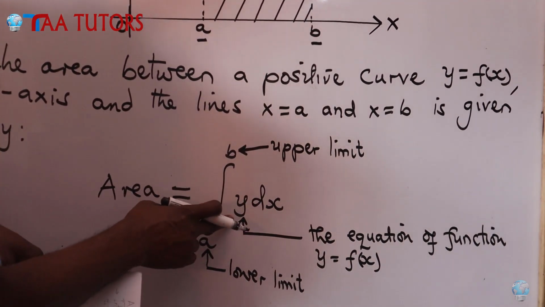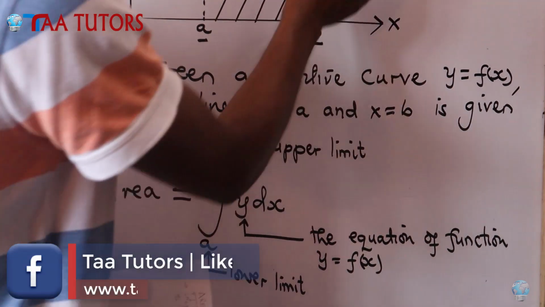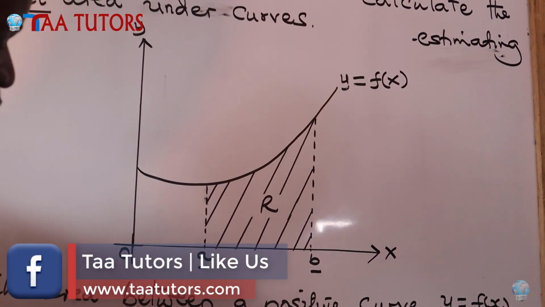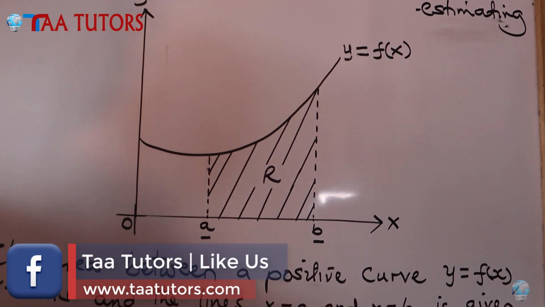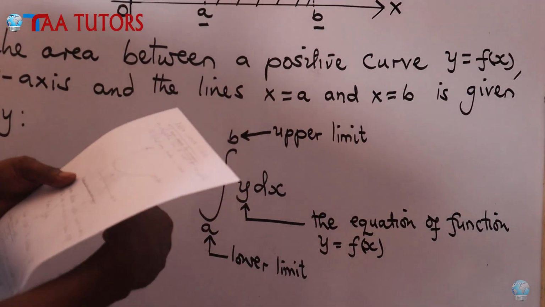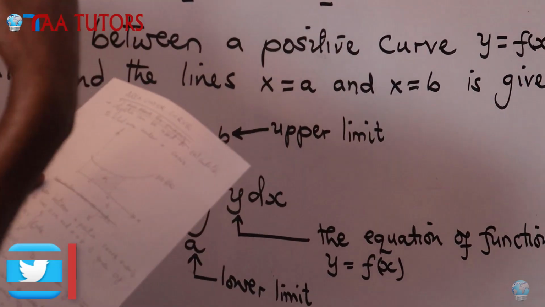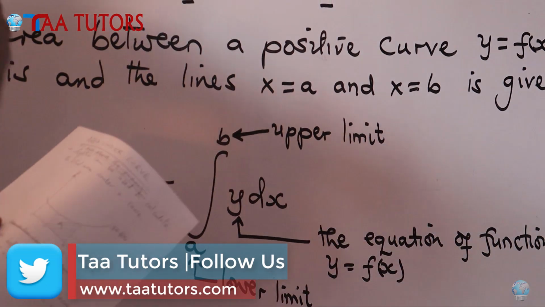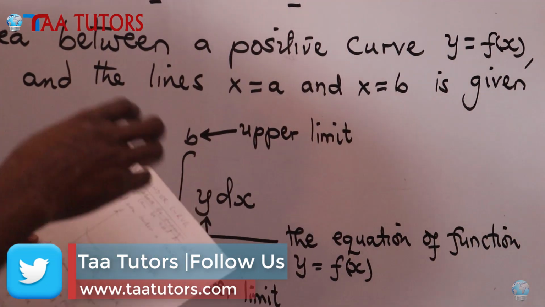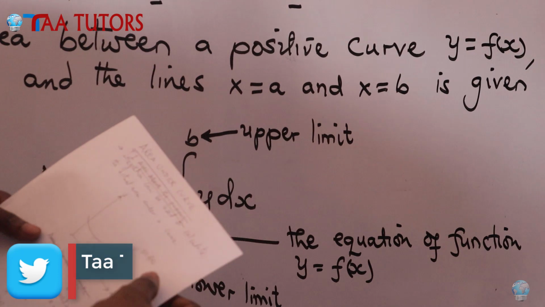Where y here is the function given to you in every question. That's what we need to do basically. There's not much. If you understood how we dealt with the definite integral in the previous lesson, then this one will easily be understood.